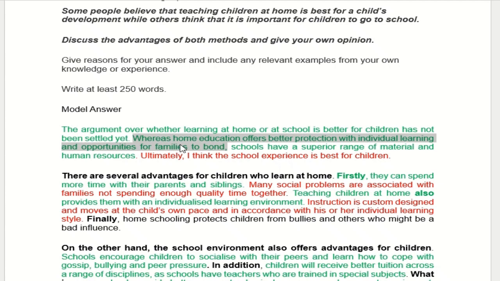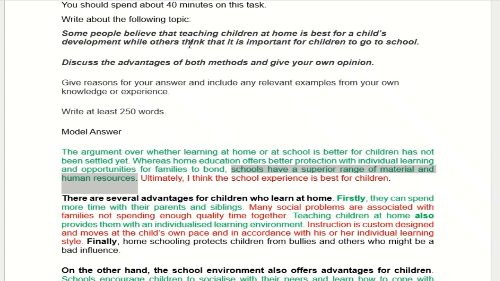Now, the second part says schools have a superior range of material and human resources. And look at it here, which is the other side of it. While others think that it is important for children to go to school. So you can see how this paraphrase has been enriched here. Nothing new has been said here. So the green text of the introduction is the paraphrase.